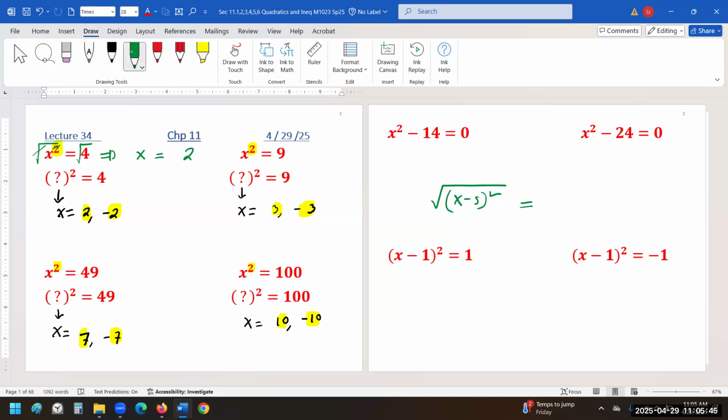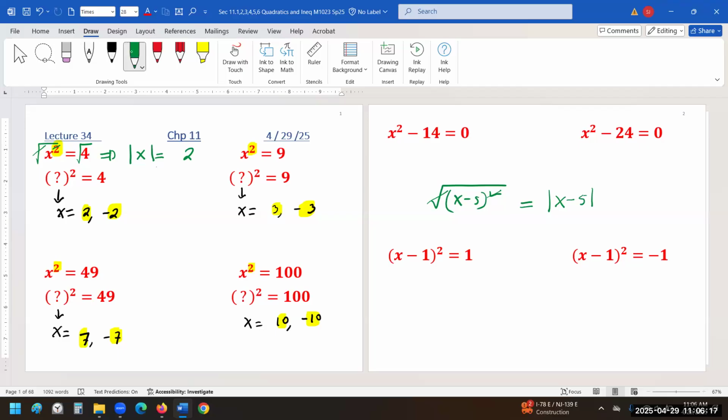The answer was the absolute value of x minus 5. It means whatever we have inside the radical, the outcome has to be positive. So for any variable, any polynomial, when you take the square root, we're supposed to put an absolute value.